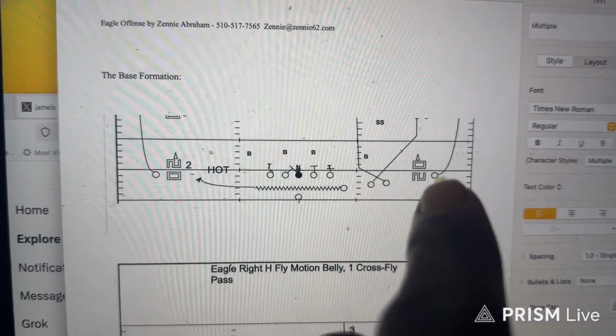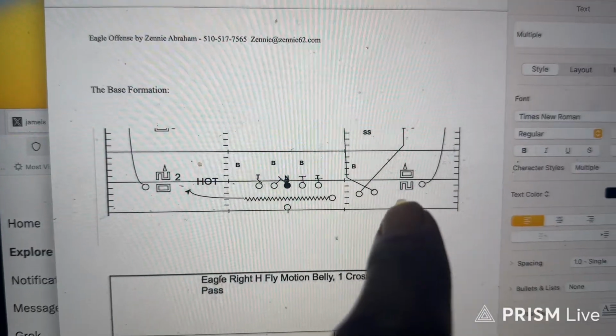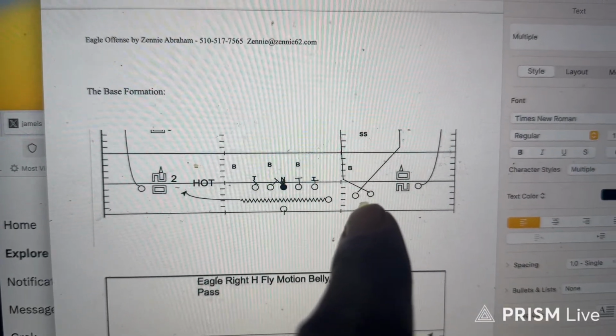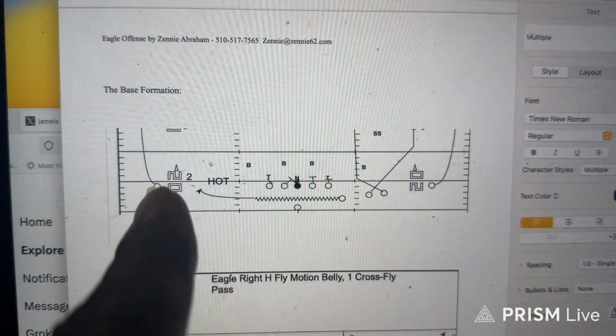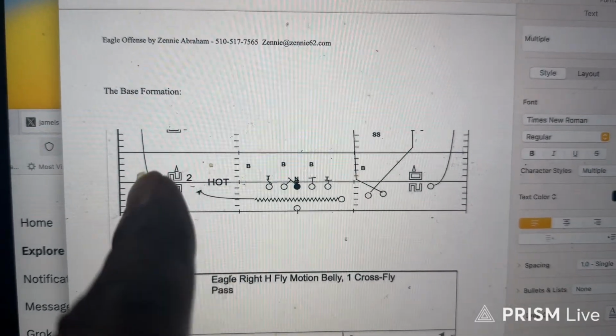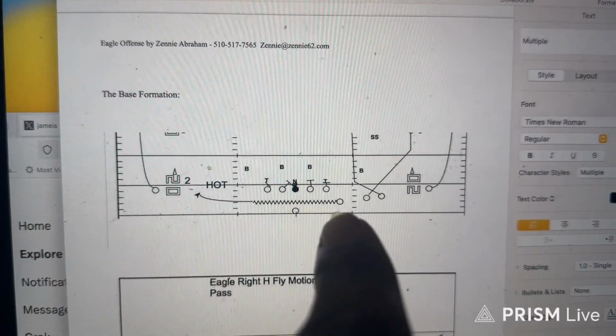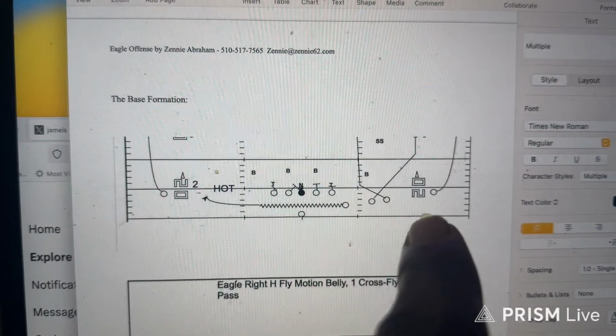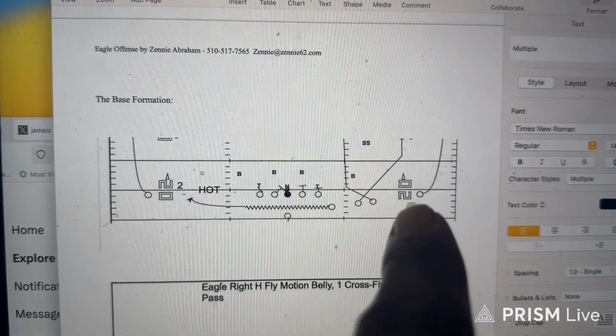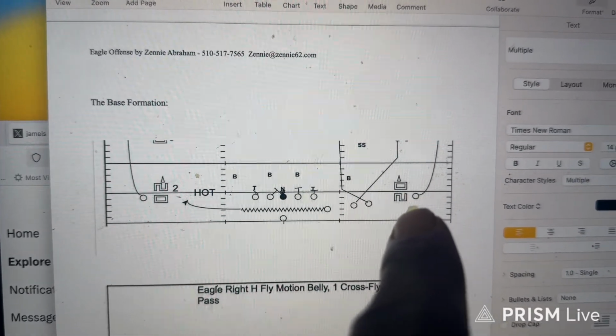That's actually what I meant, though. Split end, flanker, fullback, halfback, and then tight end. So again, tight end over here, halfback, fullback, flanker, and then over here, split end.